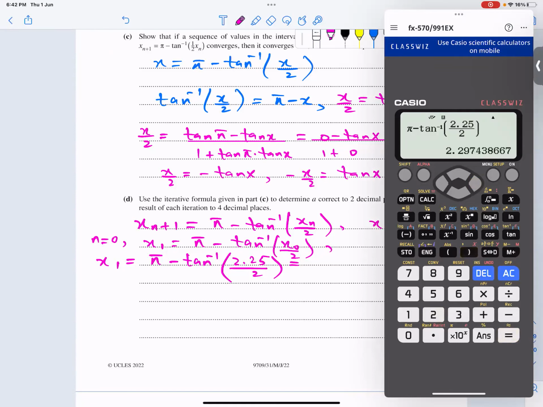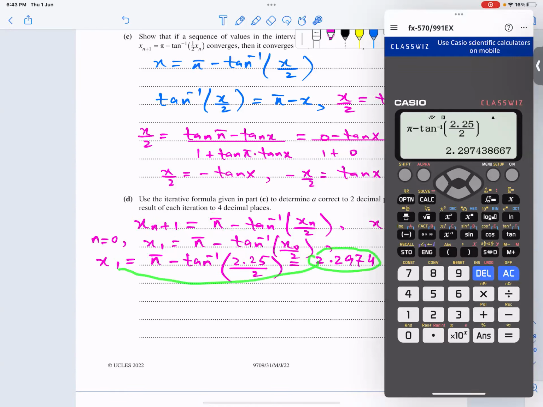We need to write the iteration's answer to 4 decimals. Here you can see 2.2974. Now we will again put n equal to 1 in this formula. So this will become x2 is equal to pi minus tan inverse of x1 over 2.